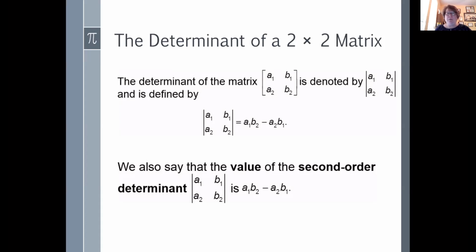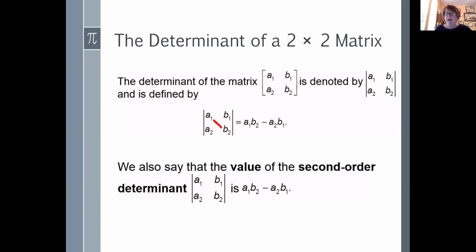To find the determinant of the matrix A1, B1, A2, B2, you have a simple formula. You take A1 times B2, so you multiply together the main diagonal. And you subtract from it the product of the other diagonal.